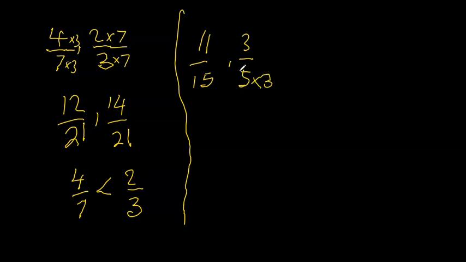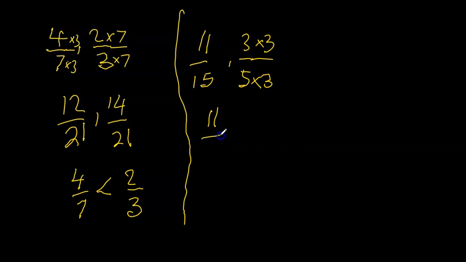But since I changed this number now, I have to do the same thing I did in the denominator to the numerator, right? So in the end, I have 11/15, and then compared with 9/15, right? Because this second fraction becomes 9/15.